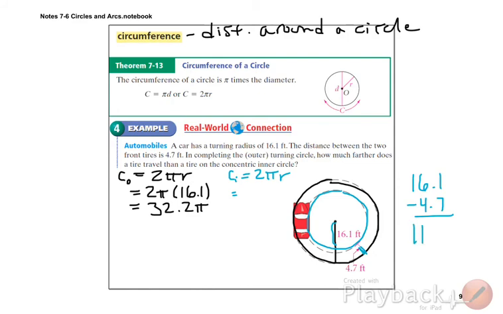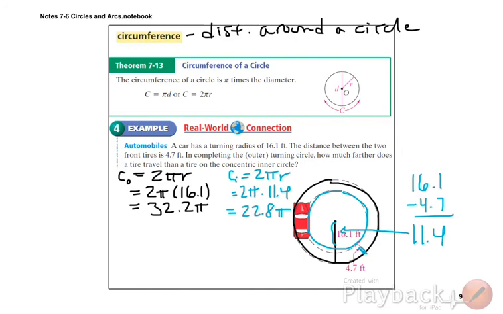I get 11.4 for the radius of that. So 2 times pi times 11.4. And again, I'm just going to multiply 2 times 11.4, and I get 22.8 pi.